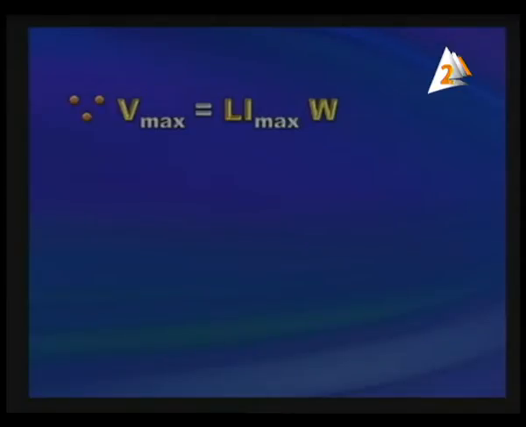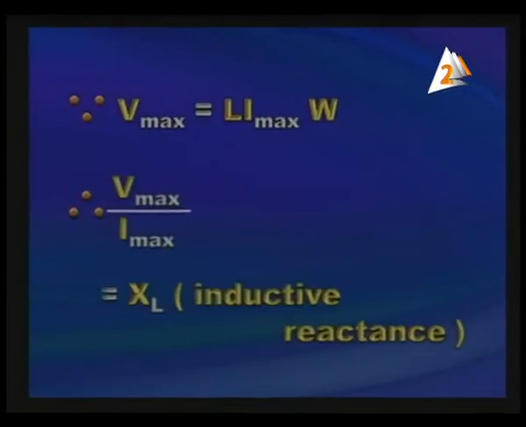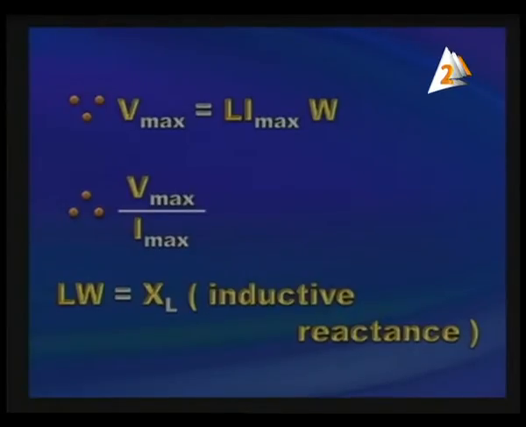Since V maximum is equal to L I maximum omega, so we can say V maximum over I maximum is equal to L omega, and it is, yes, it gives the opposition. So V maximum over I maximum, which is equal to L omega, is an inductive reactance, and it is denoted by XL.